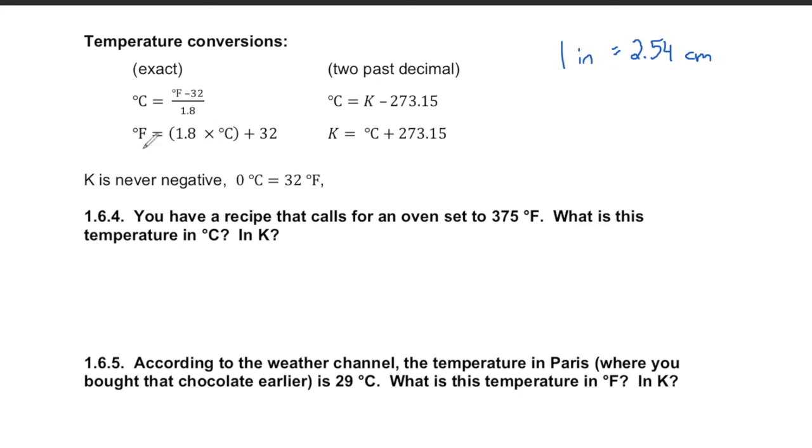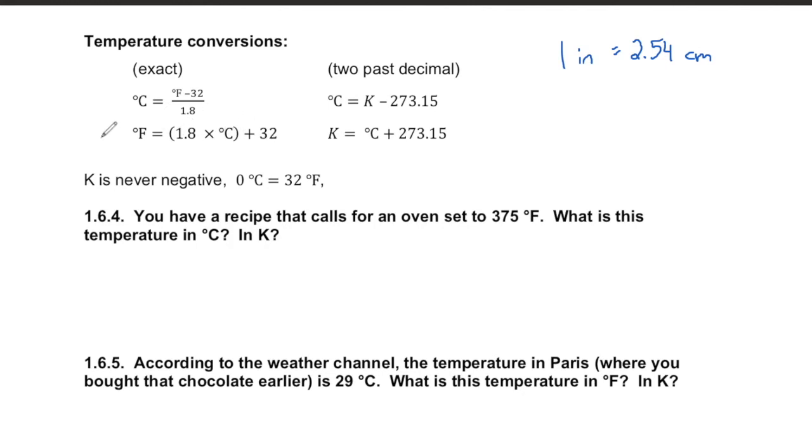The way I remember these formulas is that the temperature in degrees Fahrenheit is going to seem larger than the temperature in degrees Celsius. If you look at Celsius, it's usually a smaller number for room temperature. And so in order to make the Celsius number bigger to convert it to Fahrenheit, I remember that you have to multiply because that's going to make it bigger, and you have to add.